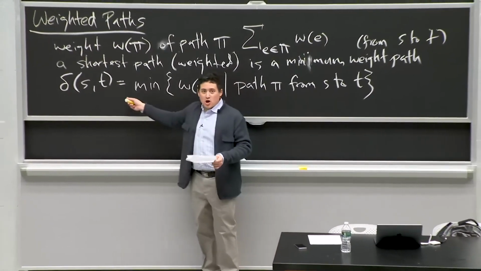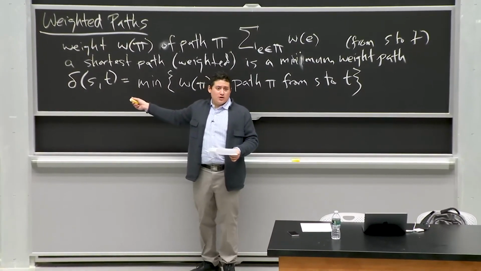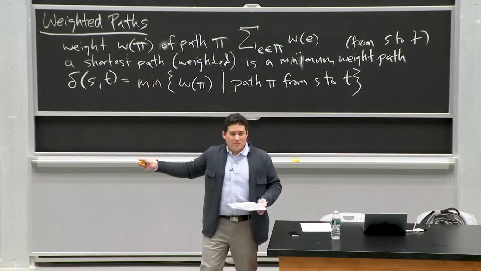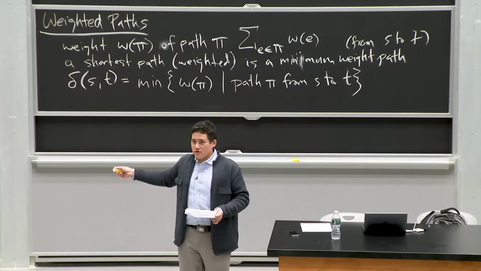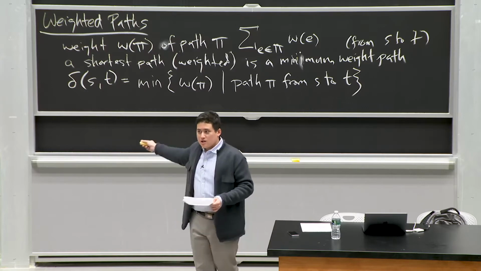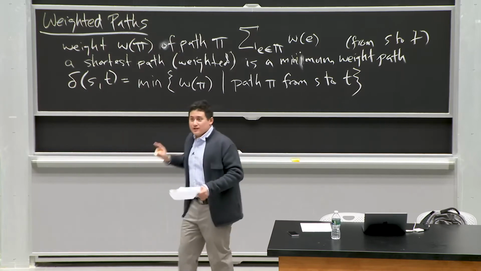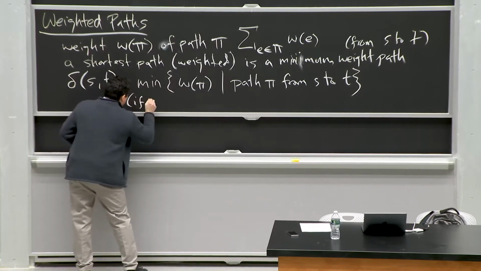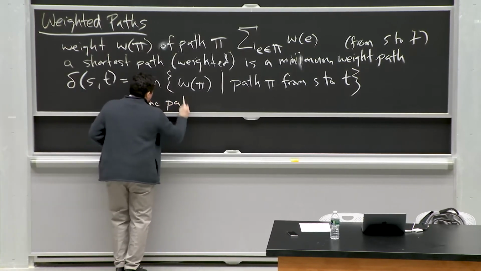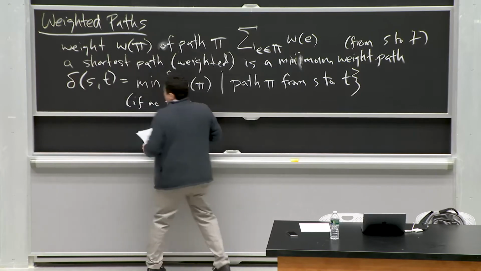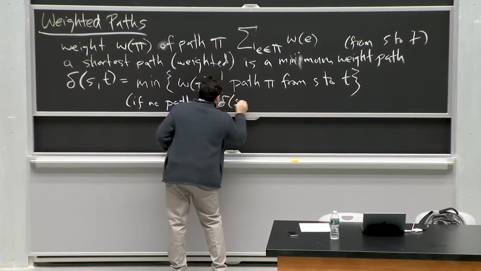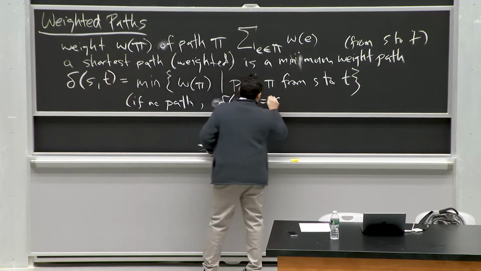First thing that goes wrong is the same thing that went wrong with breadth first search. Anyone remember what could go wrong with breadth first search for this delta definition? Maybe there's no path, right? Right. So if there is no path, just by convention, we set delta of S to T to equal infinity.